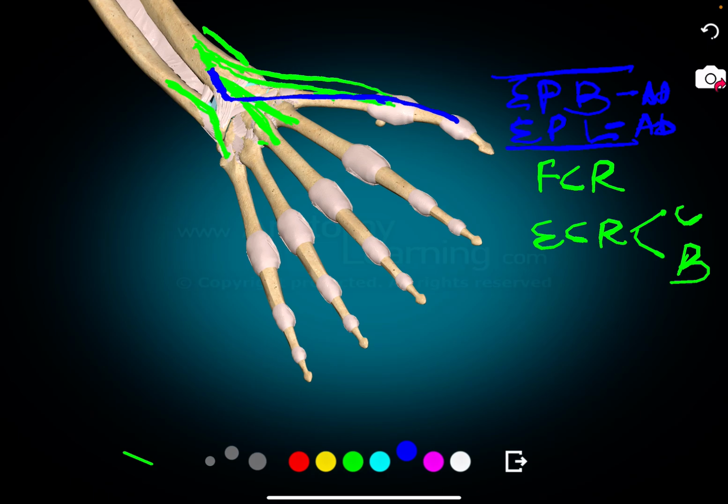So now the fingers, there is an expansion. I told you that there is a triangular expansion here.